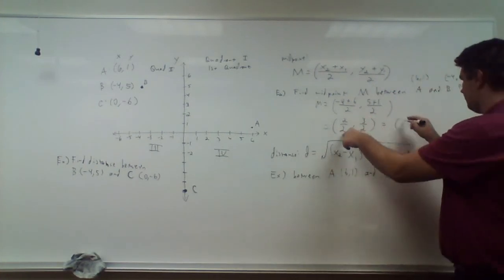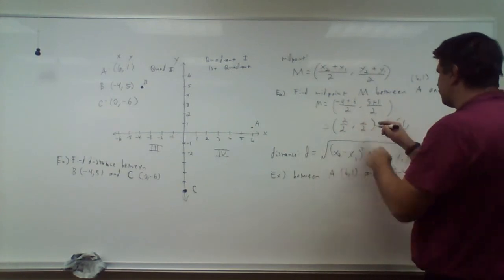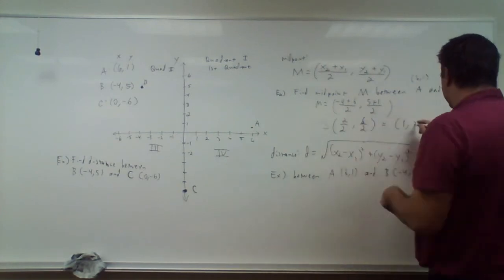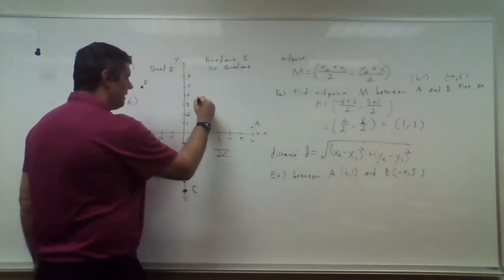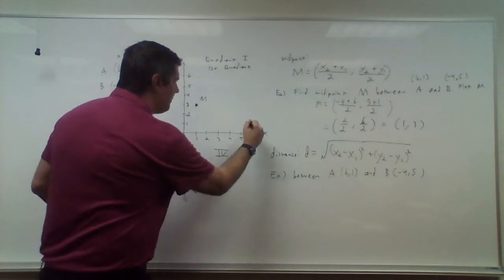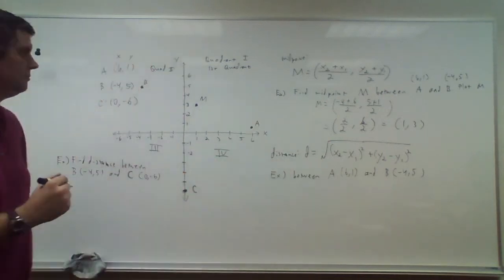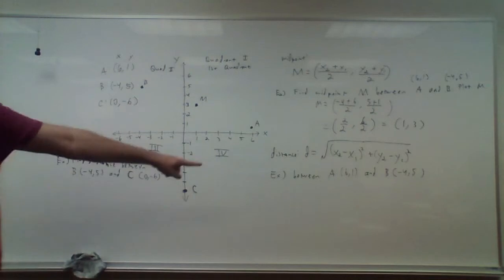This is 1. 5 plus 1 is 6. This will reduce to 3. So, 1, 3. M. If you notice, it's halfway in between the 2 points, between A and B.